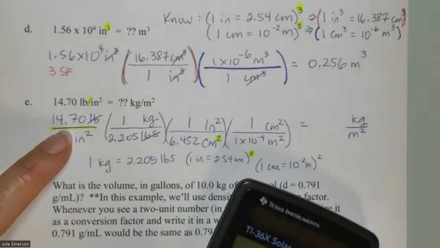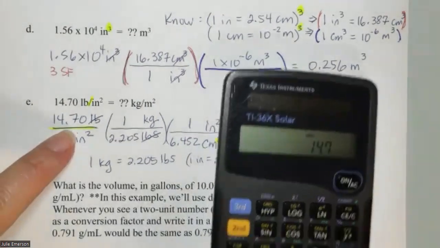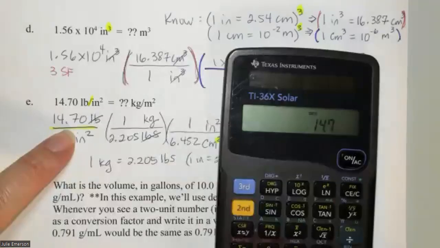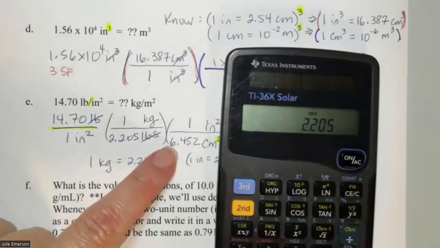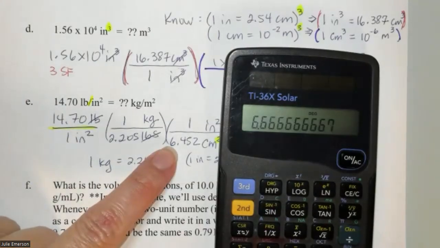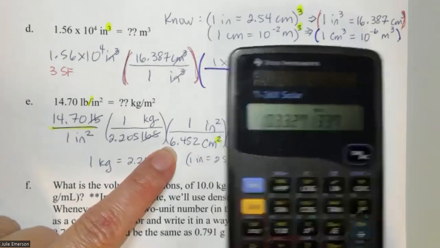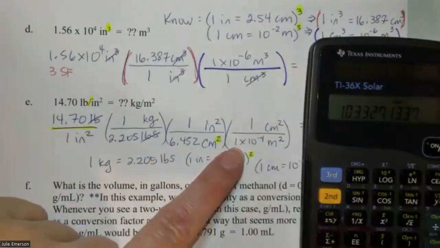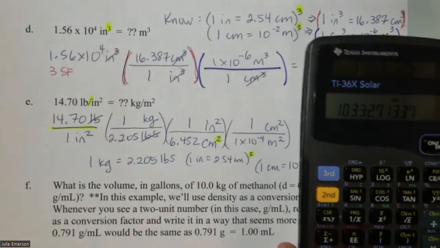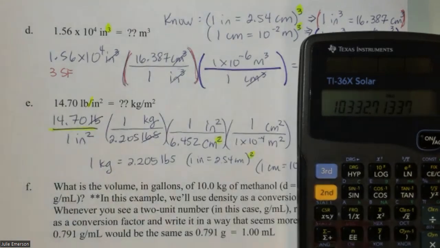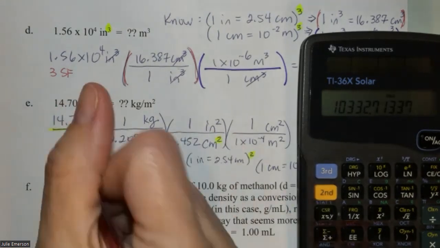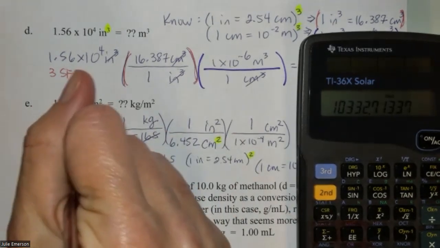Calculator, 14.70 divided by 2.205 divided by 6.452 and then divided by 1 EE negative 4. All right, and I get a pretty large number. Then I got to think about sig figs. My starting measurement had 4 sig figs.